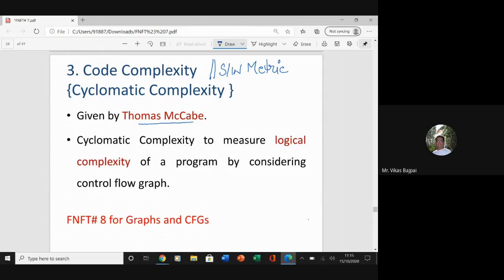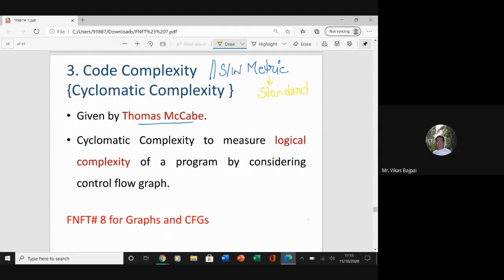Now, software metric, if you recall, we had a discussion on software metrics several times. It is a standard used to measure the degree to which a software system or process possesses some property, right? So we get some value out of it.